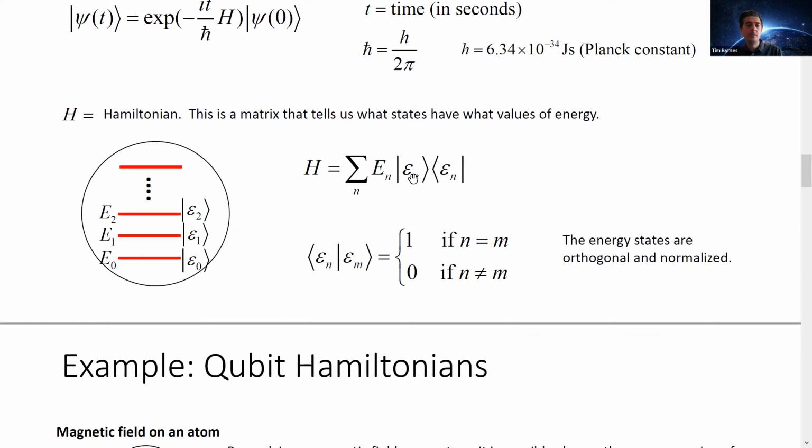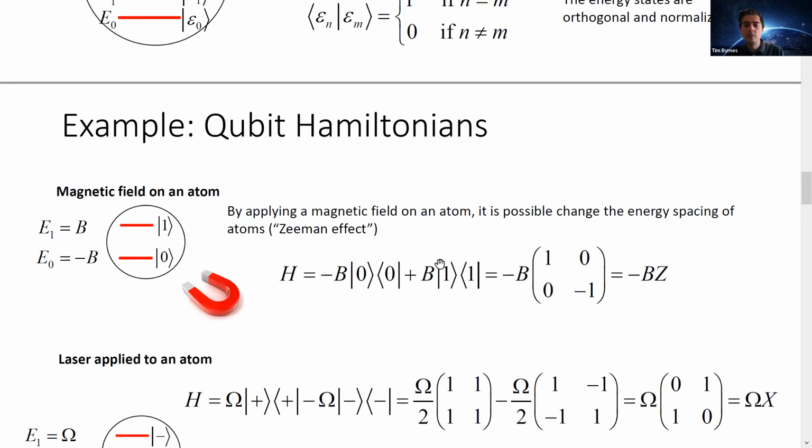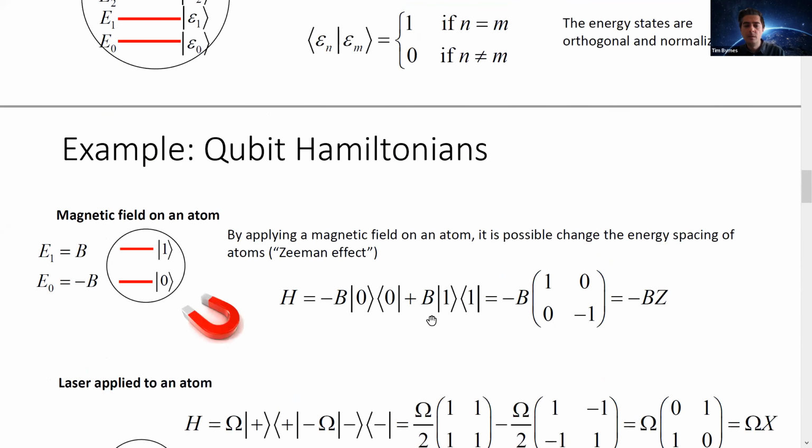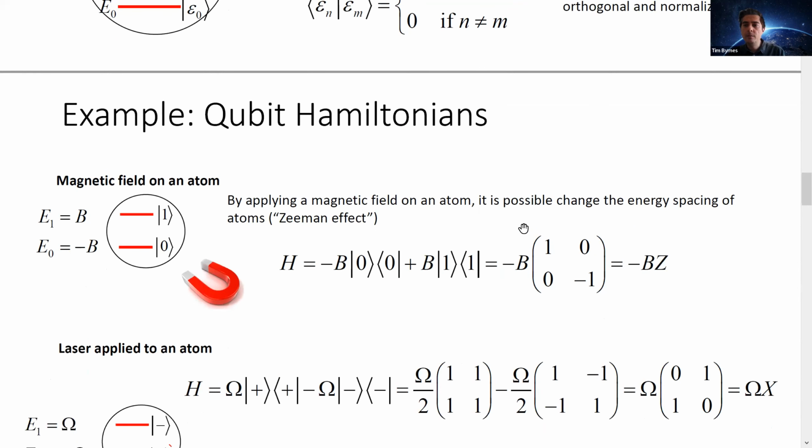Suppose in this case, the state 0 has the energy minus b, where b is just some number, and the state 1 has energy plus b. We would construct this Hamiltonian matrix this way: minus b times the outer product of 0 with 0, plus b times the outer product of 1 with 1. And if you like, we can write it in matrix form, and it would look like this.